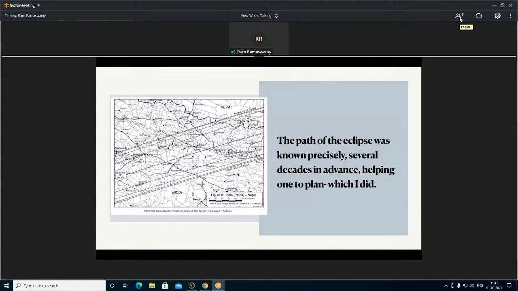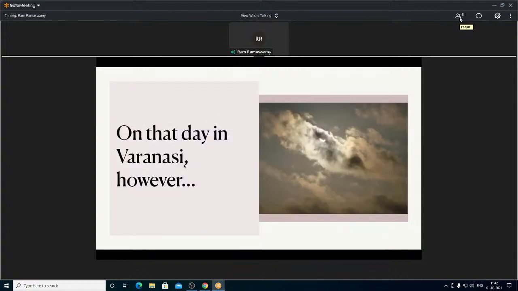And I decided that, of all these cities on this path, I would go to Varanasi because it was almost on the line of centrality, and I was going to be able to watch this eclipse rather nicely. Anyway, I landed up in Varanasi that day, and there were clouds in the sky covering the sun.